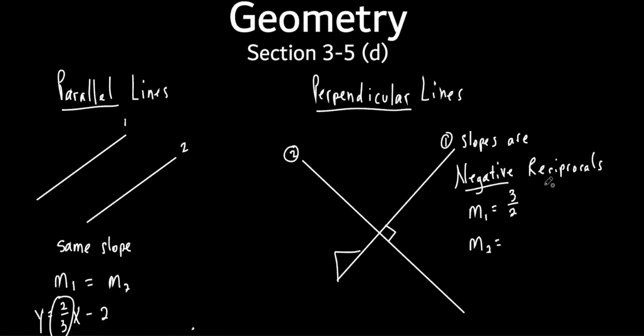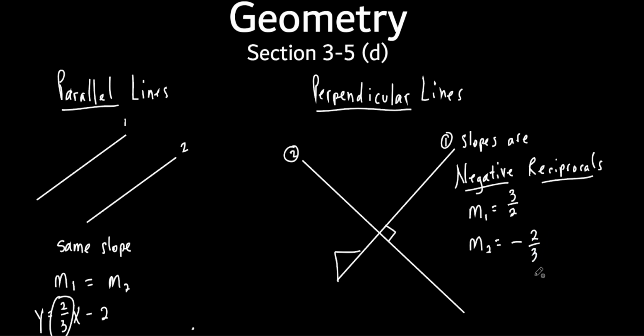It's the negative reciprocal, which negative means it's the opposite sign, okay? It doesn't mean it's always negative. It just means it's the opposite sign, okay? So what's the sign of my number 1 line? Positive or negative? Positive. So what's the sign of my second line going to be? Negative. Now, reciprocal, what does that mean? If it's a fraction, what do I do to get a reciprocal? Just flip it. That's right. So instead of 3/2, it's what?